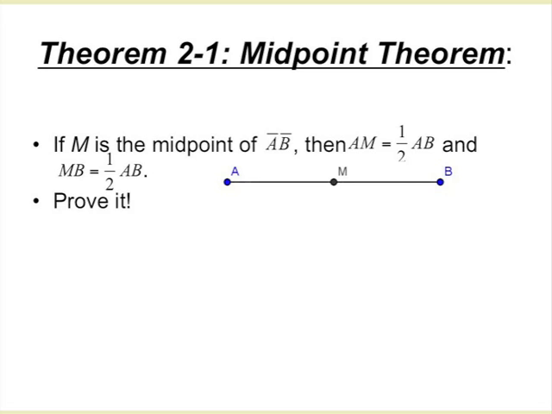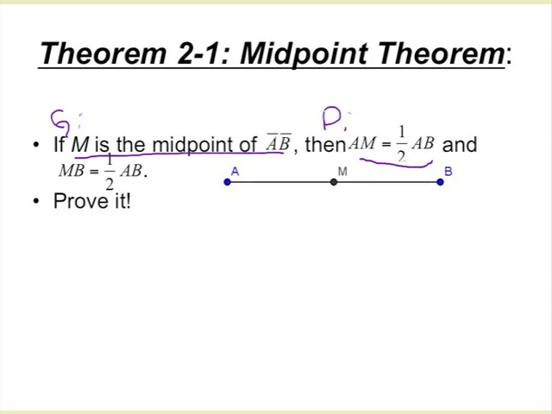So to prove this, we need a given and what we're supposed to prove. In an if-then or conditional statement that we learned about in lesson 1, our given is the if portion. So we're given M is the midpoint of AB. The then portion is what we're trying to prove.